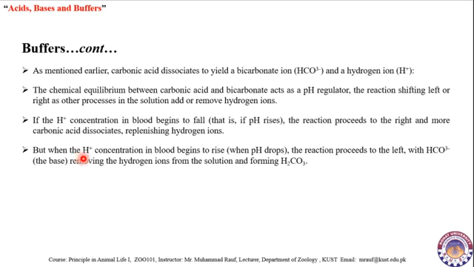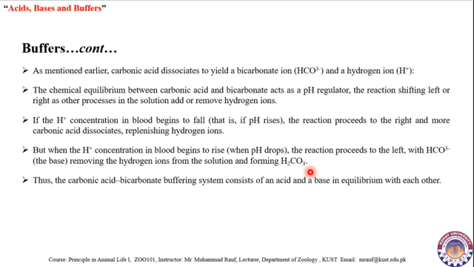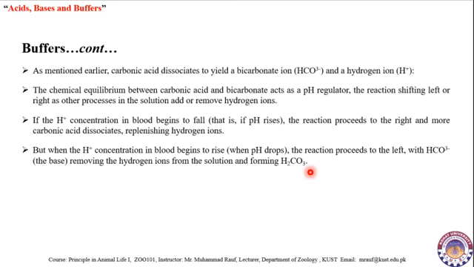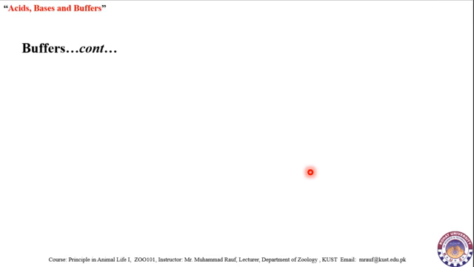But when the hydrogen ion concentration in blood begins to rise, the reaction proceeds to the left, with carbonic acid removing the hydrogen ions from the solution and forming bicarbonate ions. We will refer to this chemical reaction for explanation.